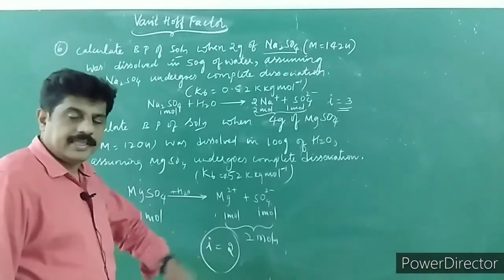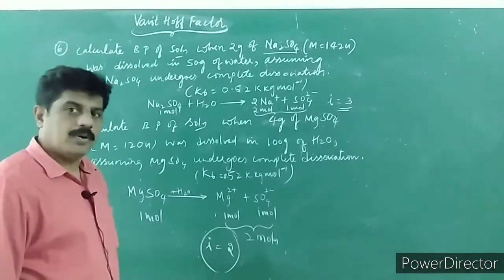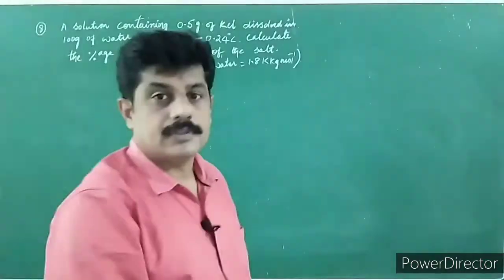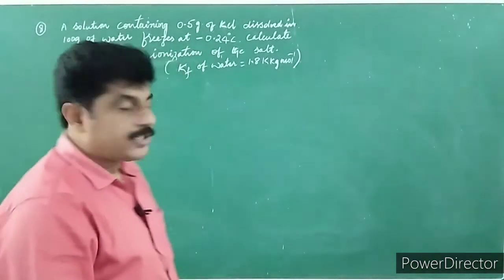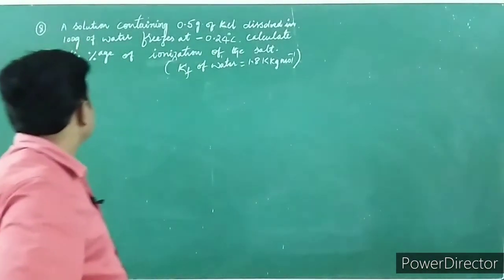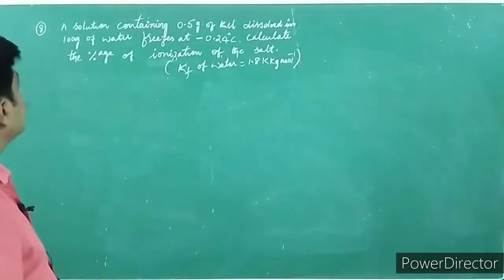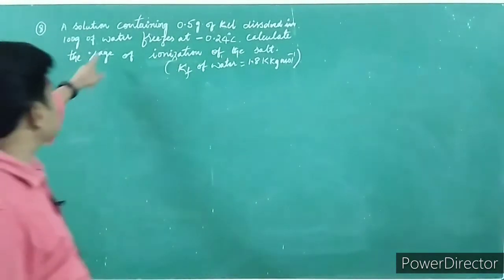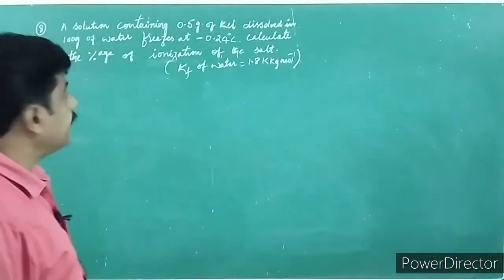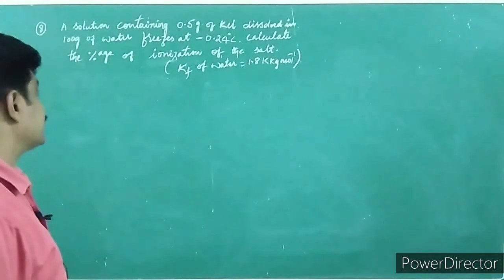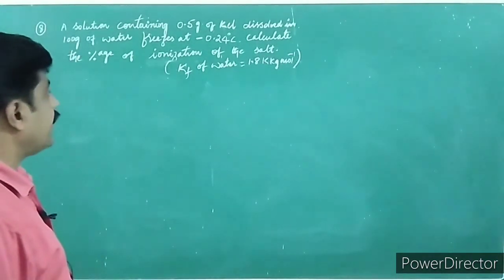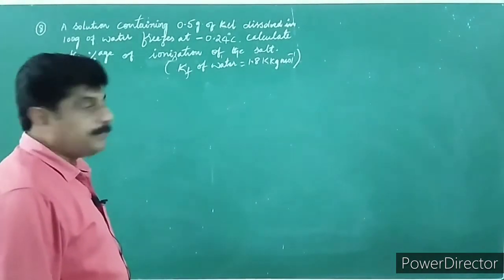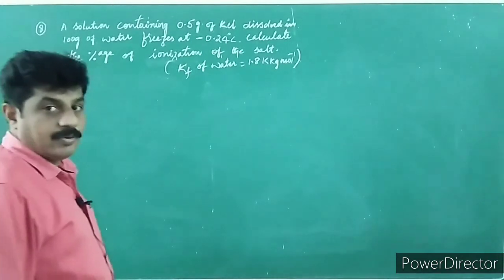So after this you can easily solve both the numericals and tell me the answer tomorrow. Children, let me take up the next numerical on Van 't Hoff factor. A solution containing 0.5 grams of KCl dissolved in 100 grams of water freezes at minus 0.24 degrees Celsius. Calculate the percentage of ionization of the salt. Given Kf of water is equal to 1.8 Kelvin kg per mole.